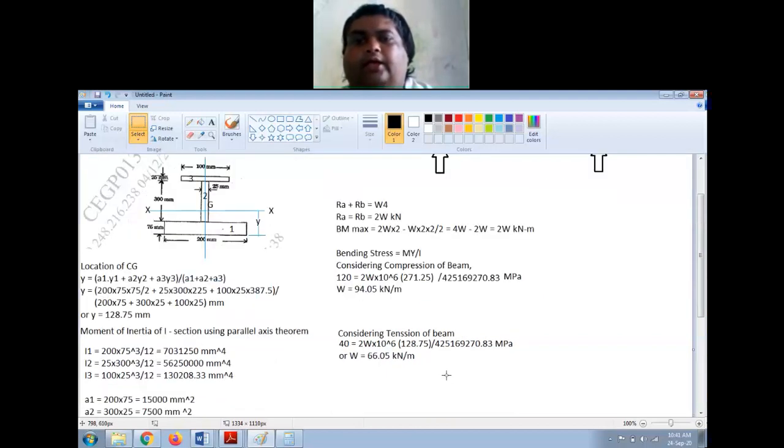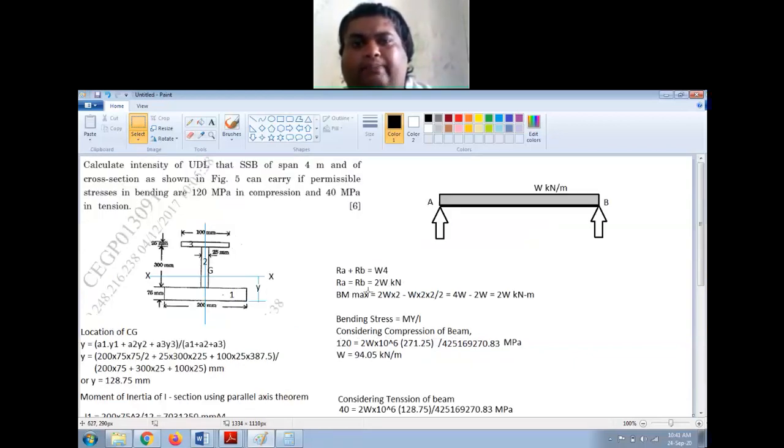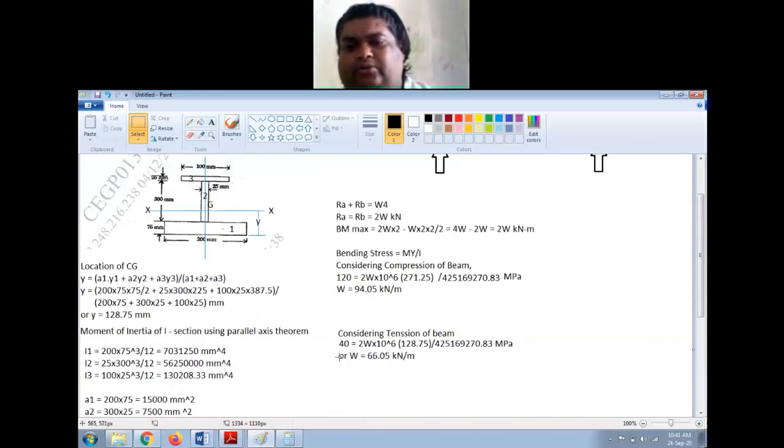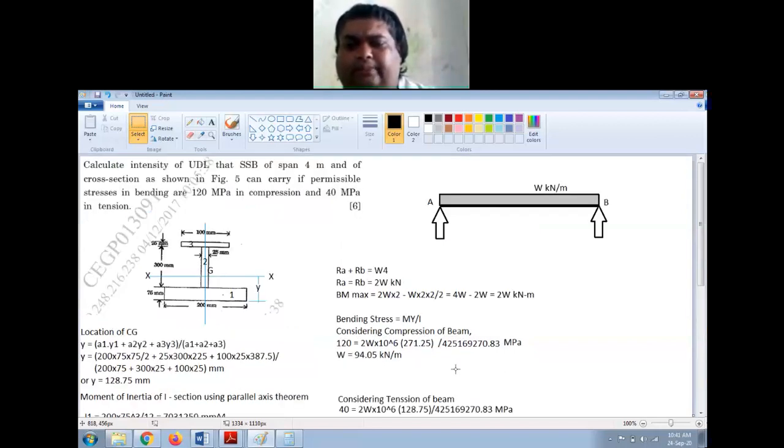The question is, see, I have 2W in this. Considering the compression in the beam, see, above XX plane, this is the neutral axis. Above this, there is compression, and below this, there is tension, right, in the beam. Now, considering the compression, the load that can be applied here, this is the load, UDL. Maximum load that you can apply is 94.05 kilonewton per meter, and considering the tension, the maximum load you can apply is 66.05 kilonewton per meter.